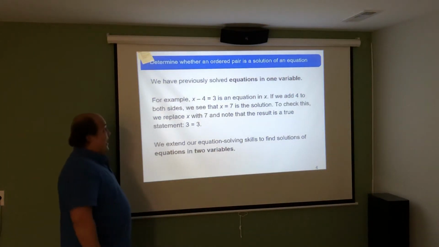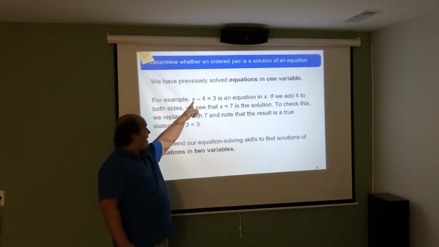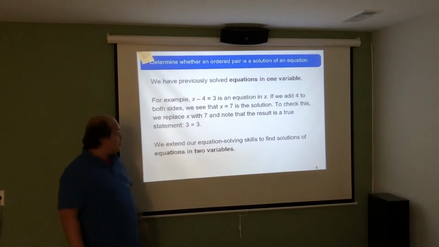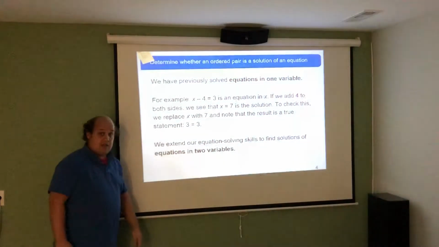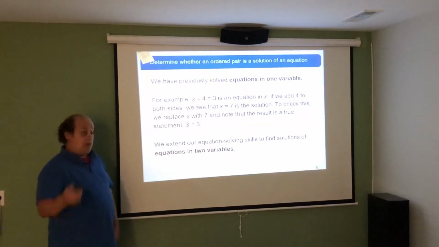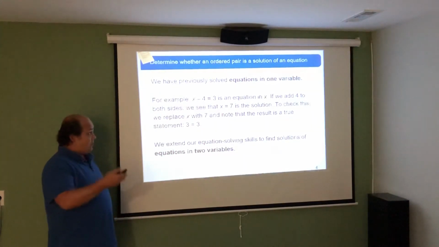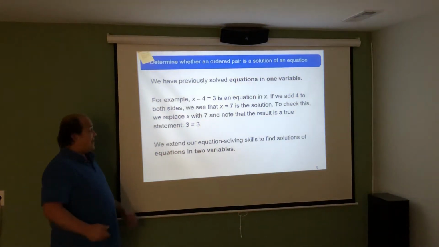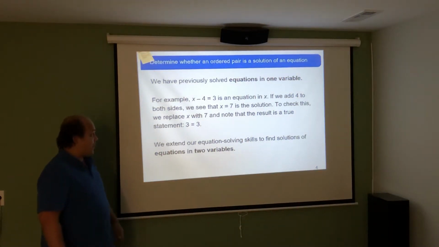To show that yes, 7 is the correct answer here, we could plug the 7 back in for x. 7 minus 4 would give me 3, and we'd be left with the true statement, 3 equals 3. If by plugging in the number where the variable is I get back to a true statement, then I've found the solution to that equation.